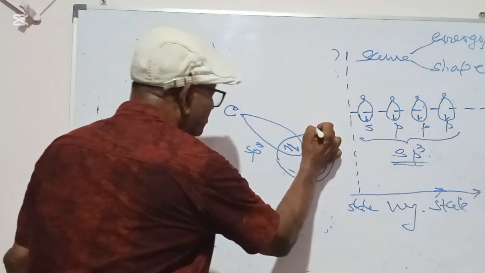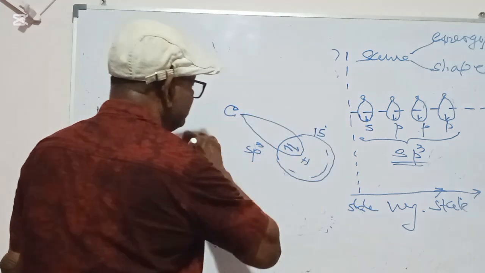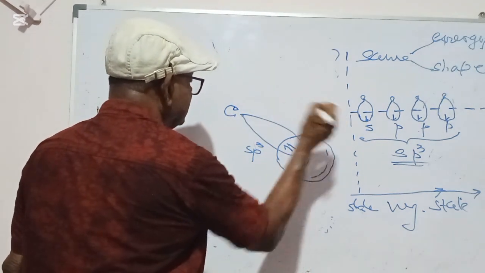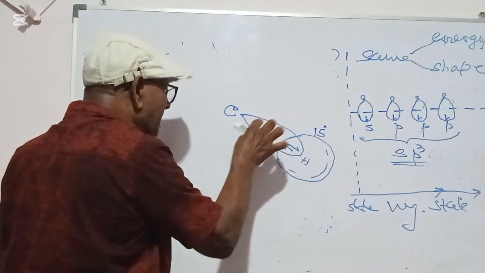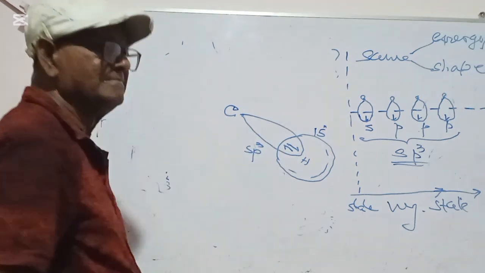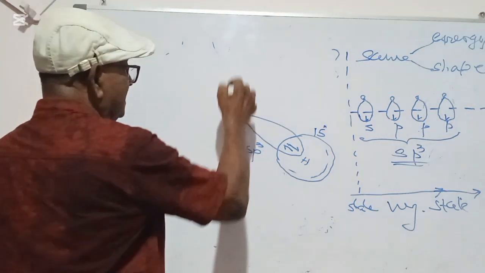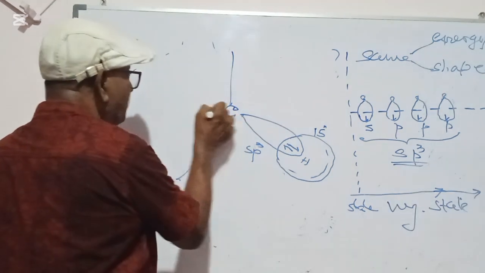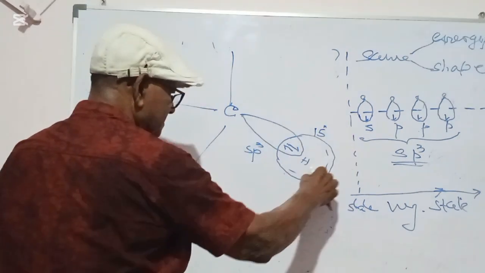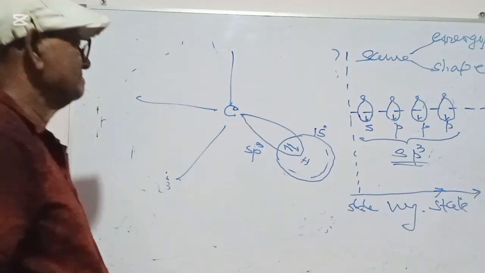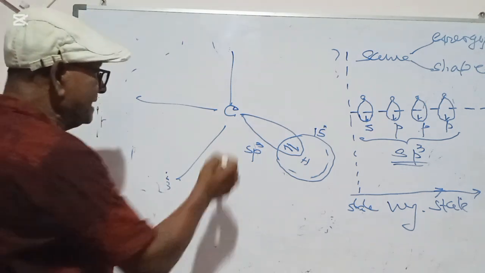This is the 1s orbital of hydrogen. This is the sp3 hybridized orbital of carbon. Similarly, 4 bonds are formed like this.